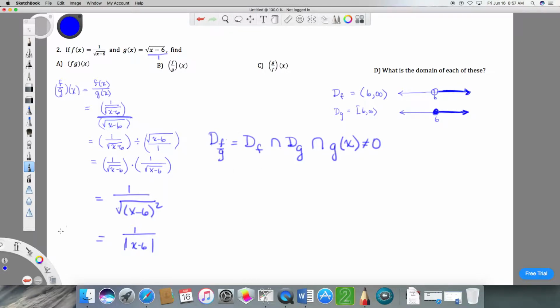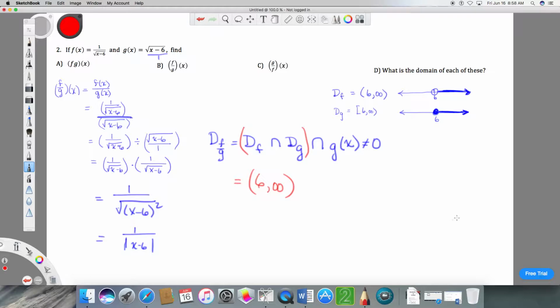So we've already figured out what this set is. We have already figured out that set was 6 to infinity. And now all we have to do is take a look at g and try to determine what values of x cause g to be 0 and throw that out.